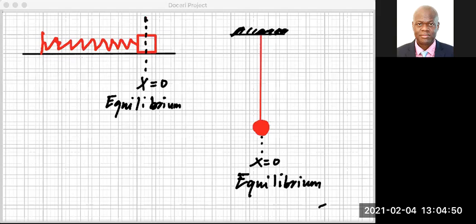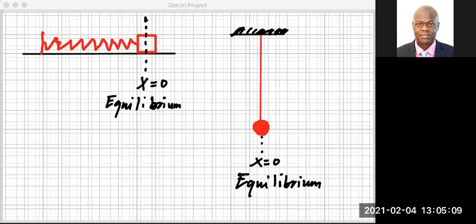So to set this into simple harmonic motion, all you would need to do now is pull the pendulum to the sides and let it go, and then it oscillates back and forth along this point.